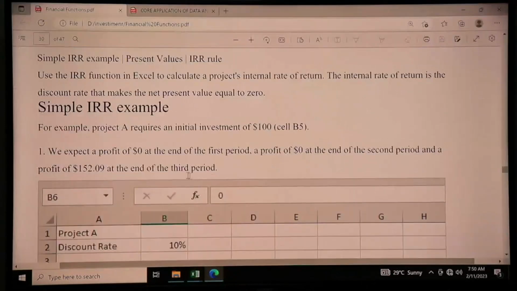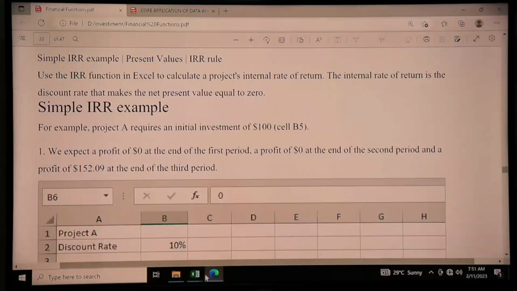Then let's now go back to our argument here. So what is our argument? Here, a simple internal rate of return example is where project A requires an initial investment of this amount. It's already provided somewhere. We expect zero profit at the end of the first period.